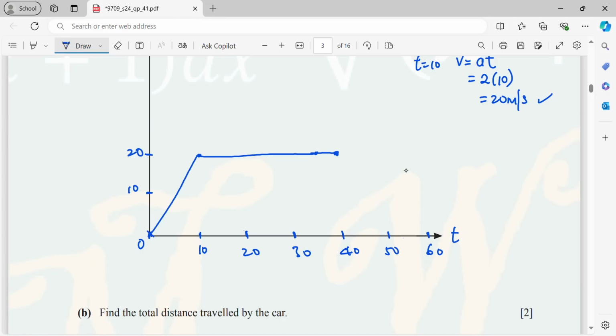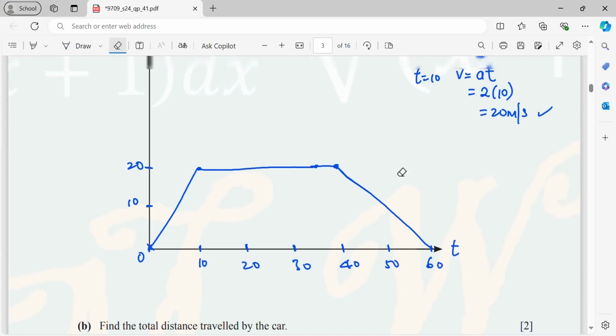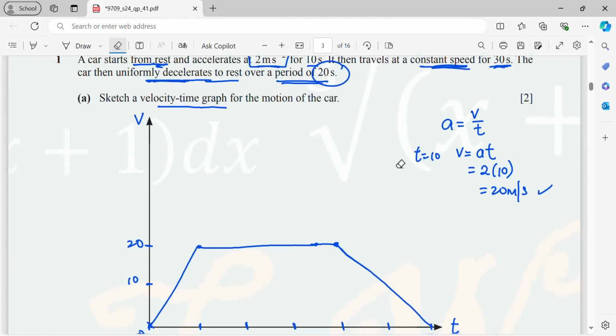Then from 40, another 20 seconds, the velocity becomes 0. So this is your graph. It must be straight lines. Okay, so that's done for part A.